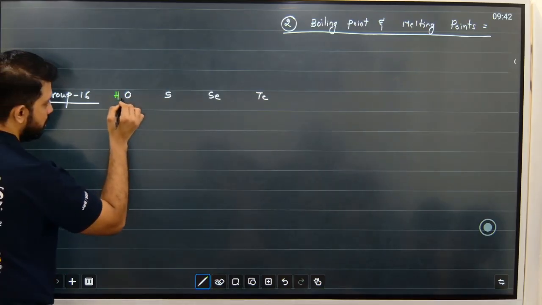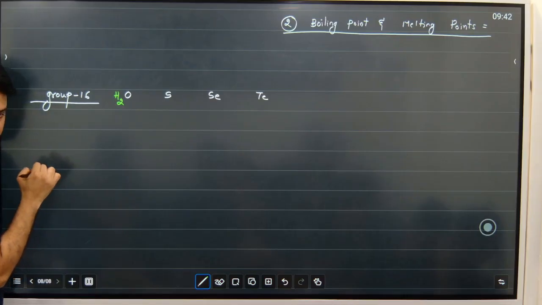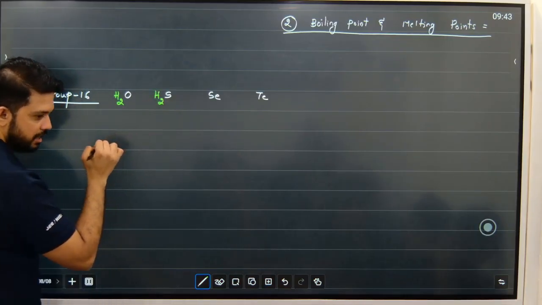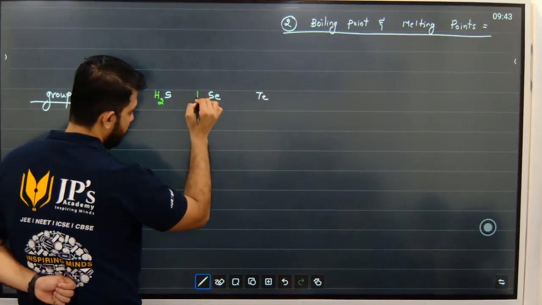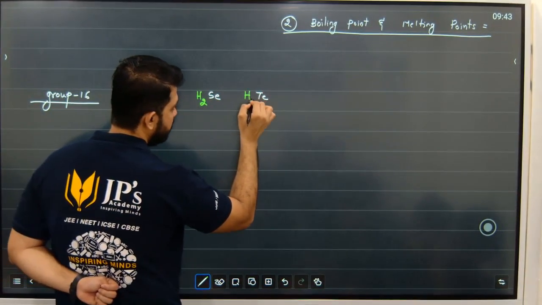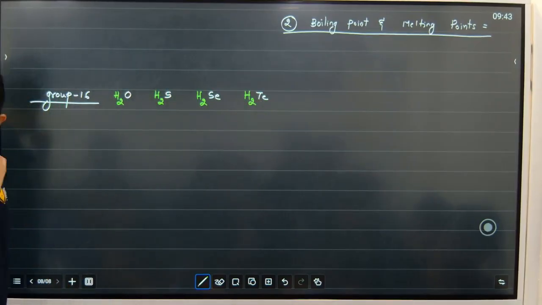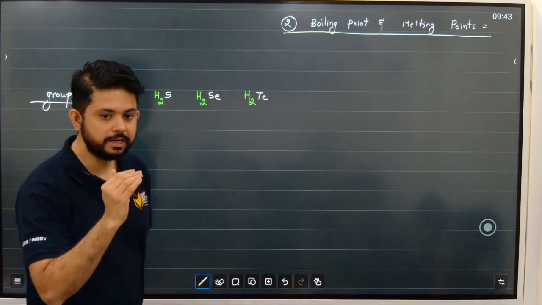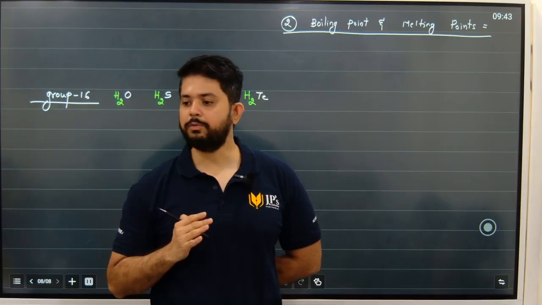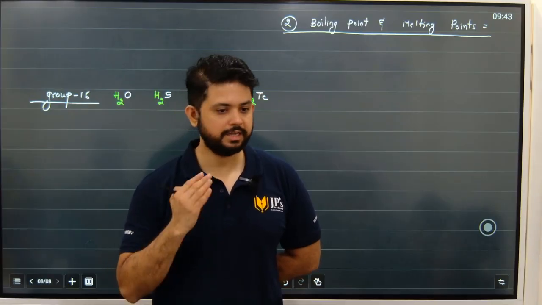So, water, then hydrogen sulfide, hydrogen selenide, hydrogen telluride. And if I consider their boiling points, if I follow the general trend, as I go down the group, melting and boiling points should increase.